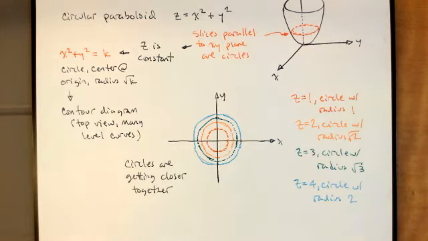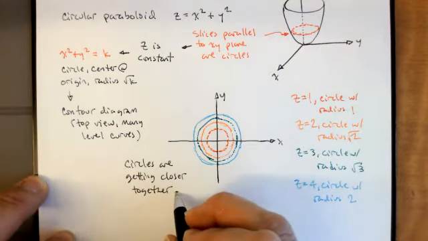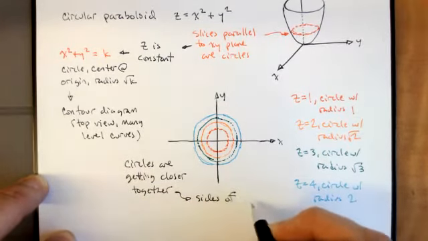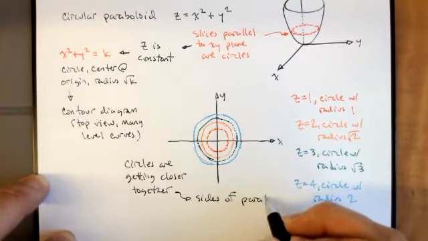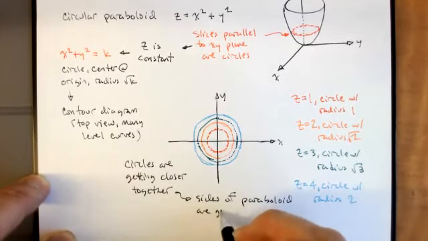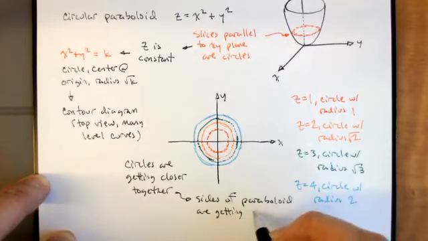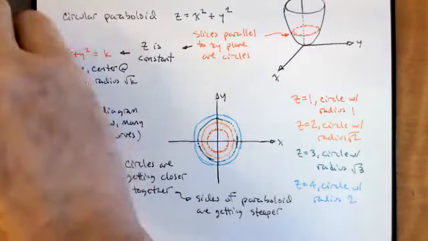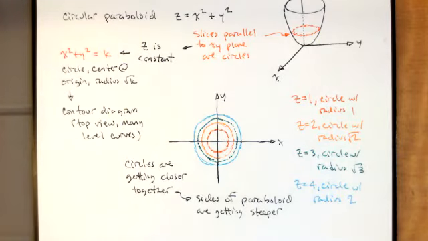So as the circles are closer together, that means the sides are getting steeper. So that's showing us that the sides of the paraboloid are getting steeper.